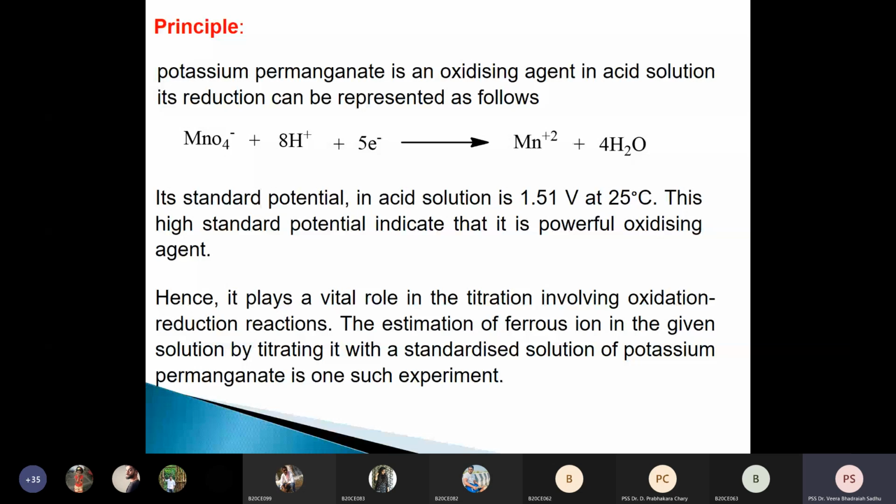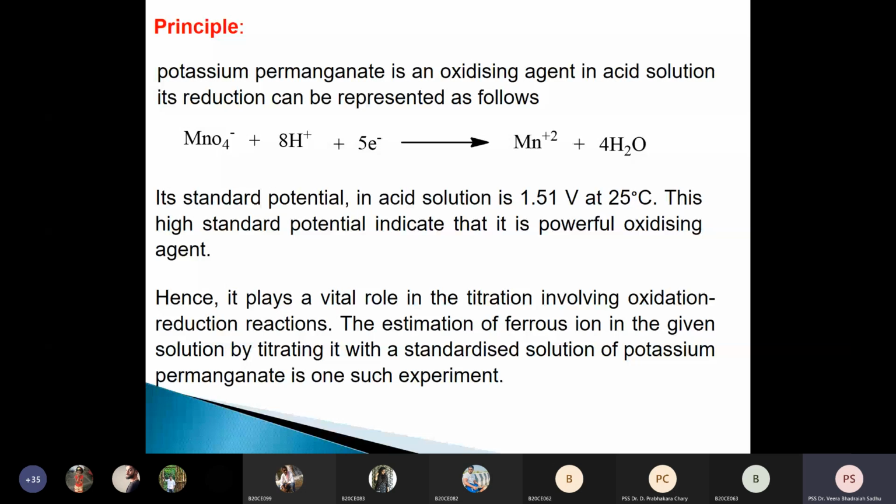In the previous experiments, we also used potassium permanganate in colorimetry. But what is the difference between this technique and the previous technique? In the previous technique, there is involvement of equipment, and you have to buy the equipment, which also costs. But here you don't need any equipment.